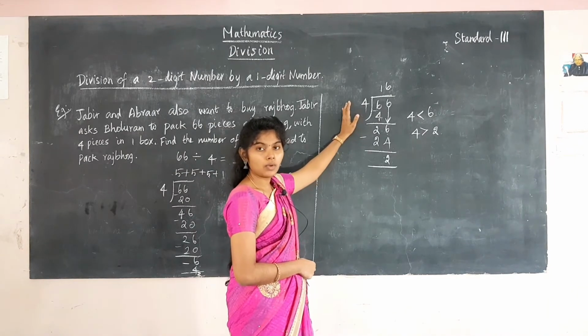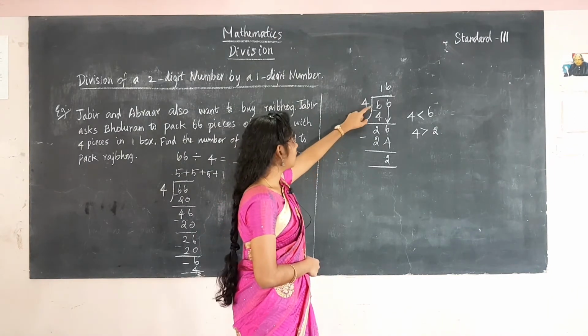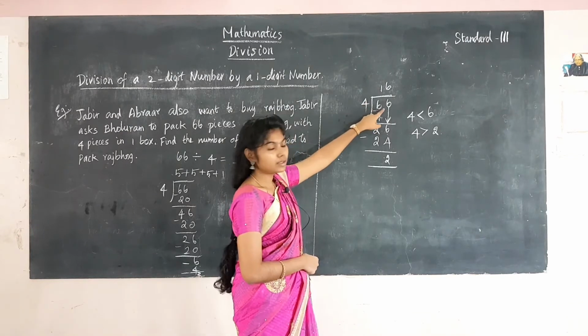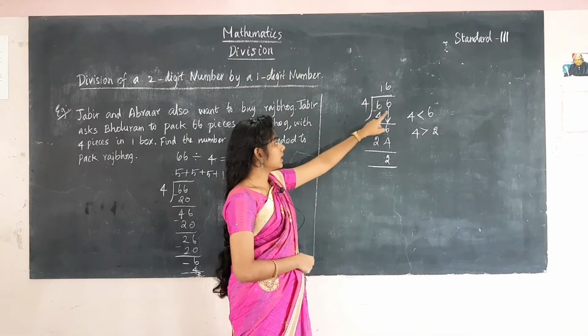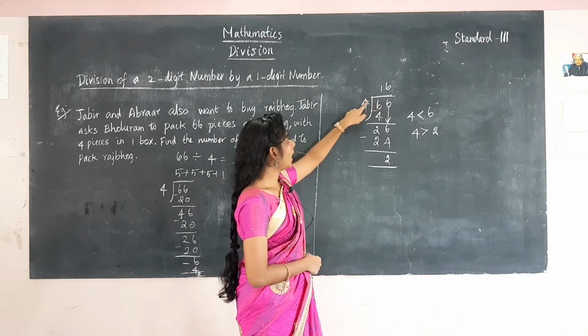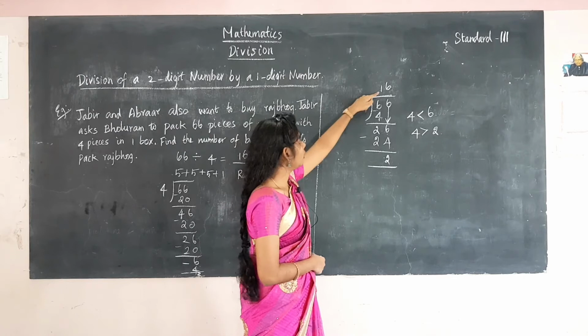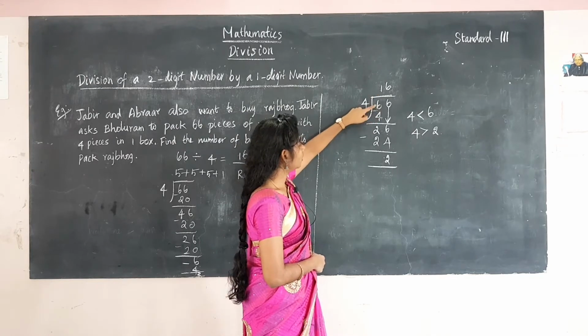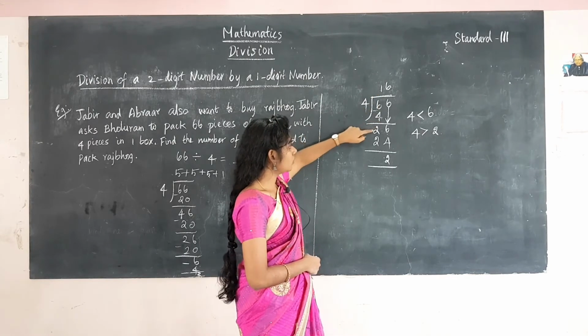For the whole chapter we are going to follow this method. First we check the divisor and the tens place. If it is less, you take the tens place alone and say the table of 4. 1 4 is 4, subtract these two numbers and you get 2.